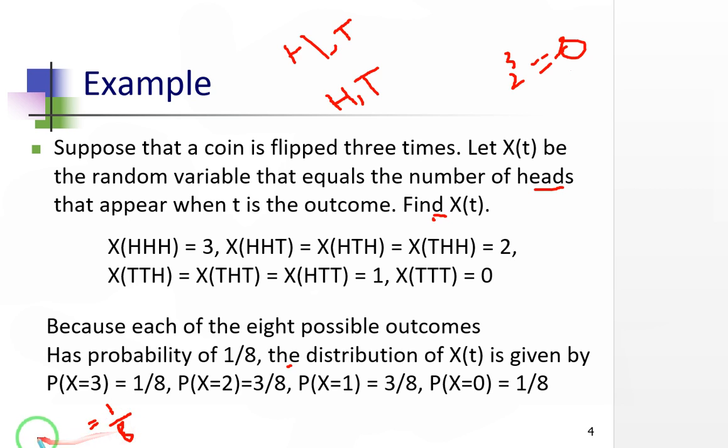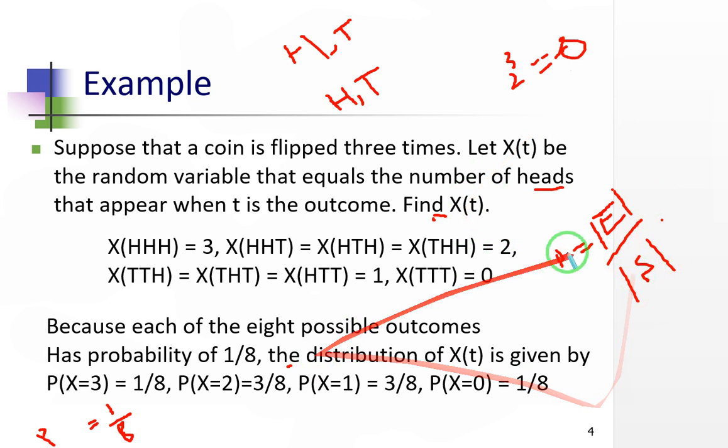So the probability is 1 over 8, because you know the formula now: the probability of an event is the event count over the sample space. And what was the sample space? Because 2 raised to 3 is 8, so just repeat it and move on.